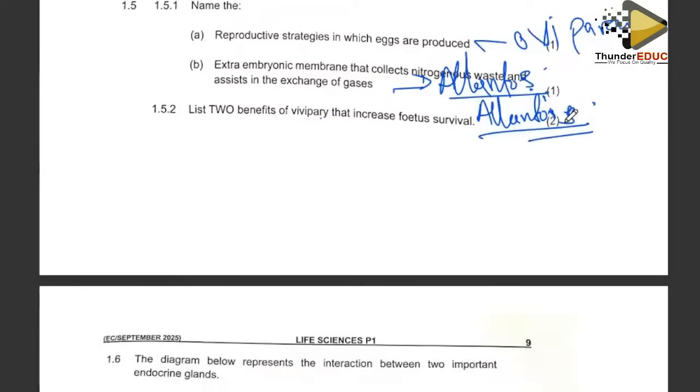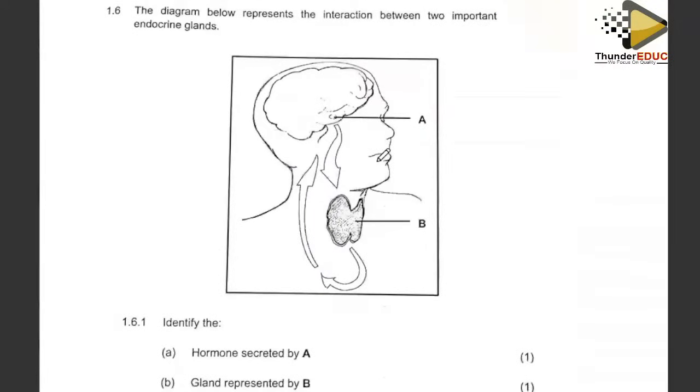Vivi means inside, so in viviparity the fetus is able to obtain nutrients directly from the mother. Number two, the fetus is protected from environmental changes.